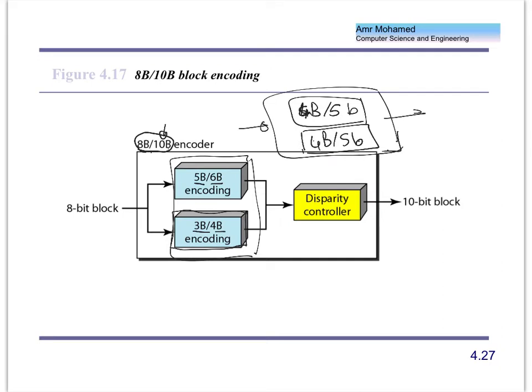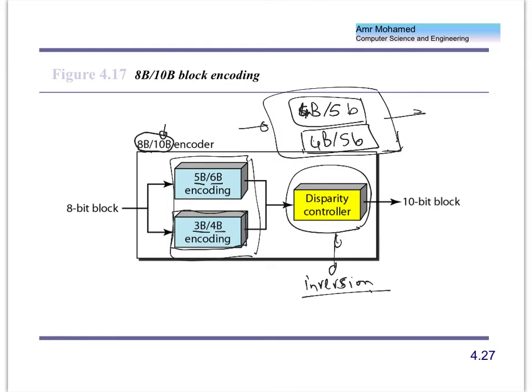The good thing about this as well is that they can introduce the disparity controller. You don't have to worry about it so much, but this introduces the concept of inversion. We have talked about the concept of inversion before, if you remember.